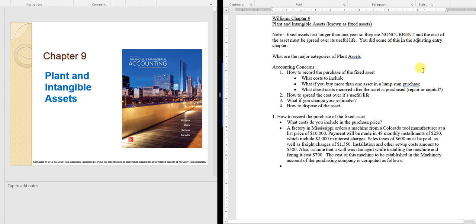Please reflect upon that, and reflect upon a little bit of common sense: if I have a $30,000 car and it's going to last me 5 years, I'm going to take $30,000 divided by 5 and put $6,000 a year as the used up cost of that car.